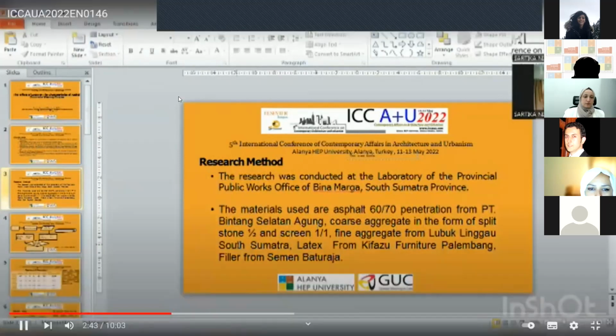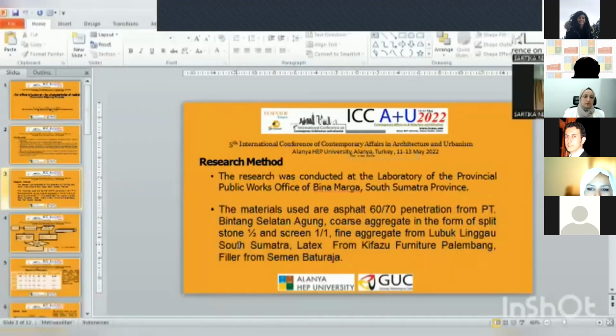The materials used are asphalt 60/70 penetration from PT Bintang Selatan Agung, coarse aggregate in the form of split stone, chop and screen 1/1, fine aggregate from Lubuk Linggau, South Sumatra, latex from Kipazu Furniture Palembang, and filler from Semen Baturaja.